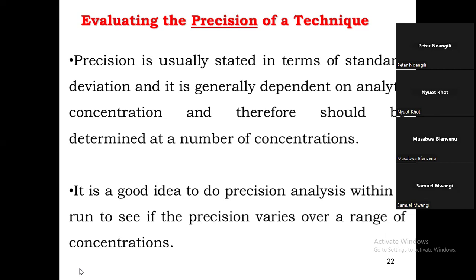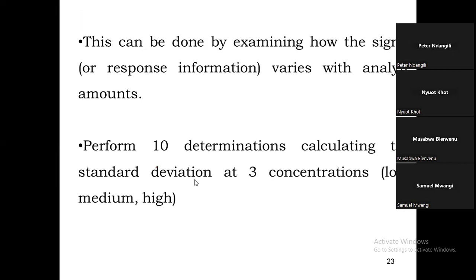It is usually a very good idea to do analysis within a run to see if the precision varies over a range of concentrations. And this can be done by examining a concentration or the signal or response, how it varies with the analyte amounts.